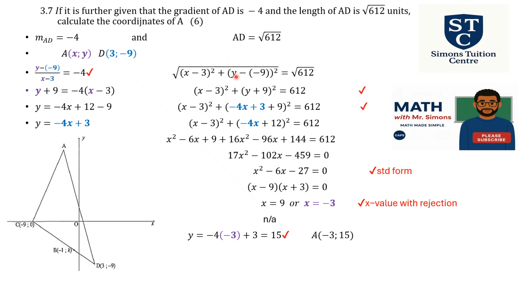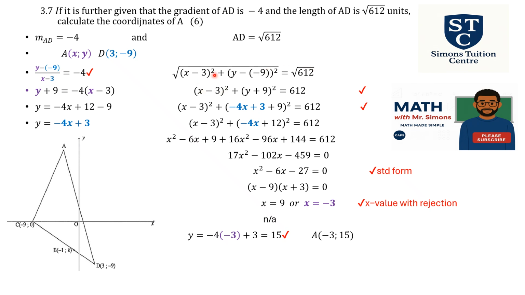Now go to the distance formula given, AD. That would be the square root of (x2 minus x1) squared plus (y2 minus y1) squared. So that would read the square root of (x minus 3) all squared plus (y plus 9) all squared. To get rid of the square root, I square both sides.